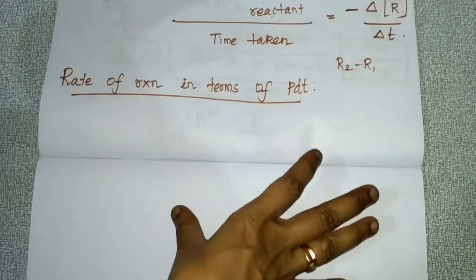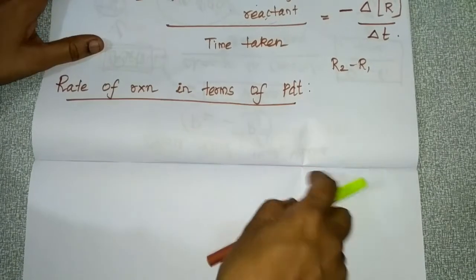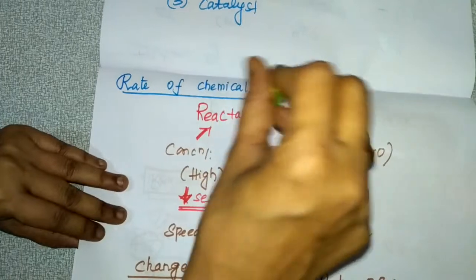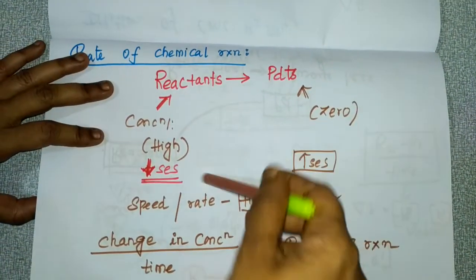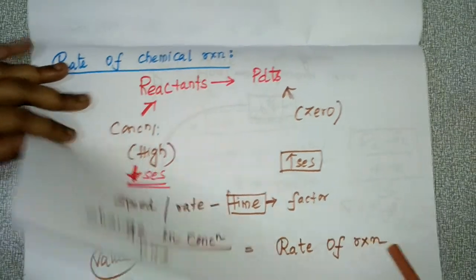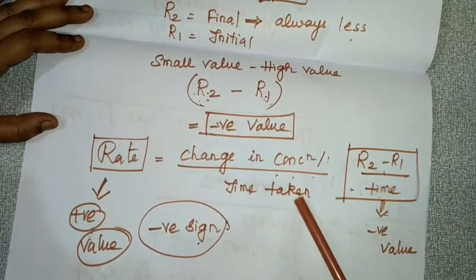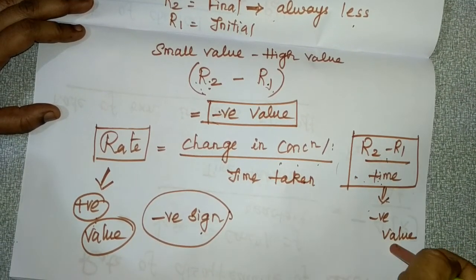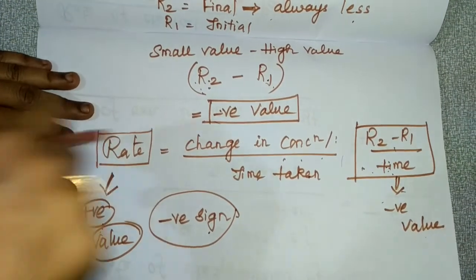So in the next video I'll tell you the rate of reaction in terms of product. If you take this in terms of reactant, this reactant gives you product. If you are talking about the change in the concentration of the reactant, you have to write a negative sign, then the rate will be a positive value.